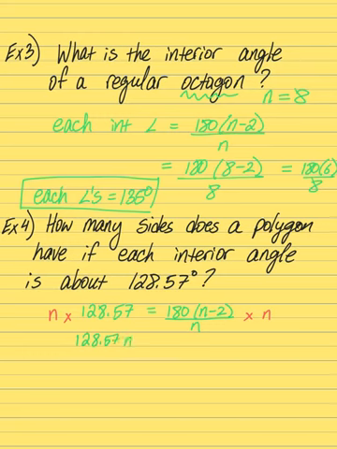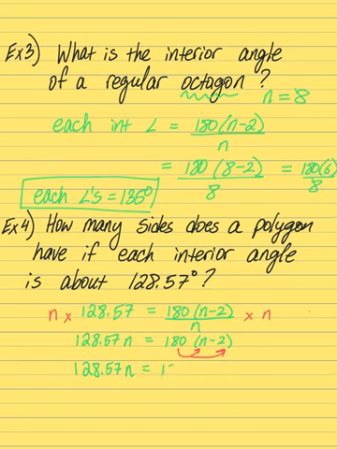And what it's going to look like is this: 128.57 n equals 180 times n minus 2. And then my next thing will be to distribute the brackets on the right side. Multiply that through. When I multiply this, nothing changes on the left side. So I still have 128.57 n.